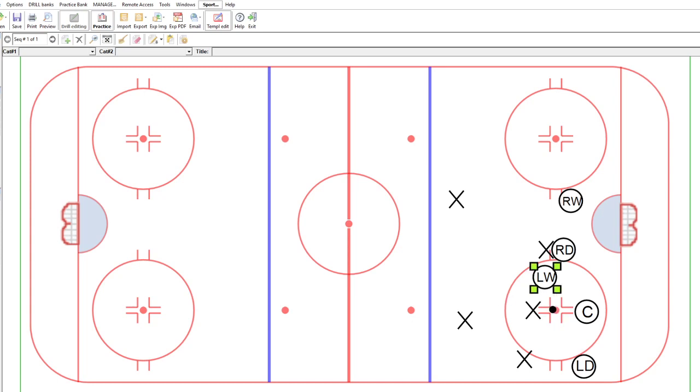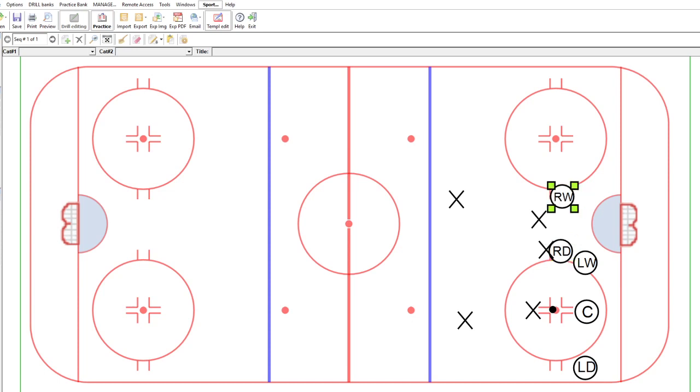All right, so one of the other things that was asked, well, what happens if they overload this area here? For example, maybe they're going to bring the other winger over, and they're going to leave this area of the rink blank. What we would do in this scenario, same thing. Right defenseman is still lined up here.